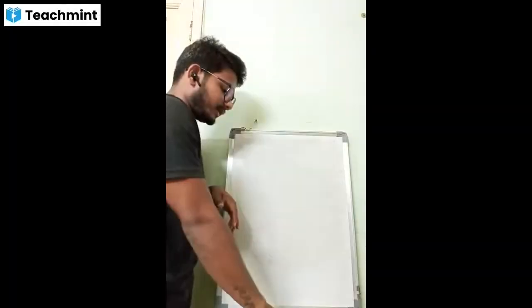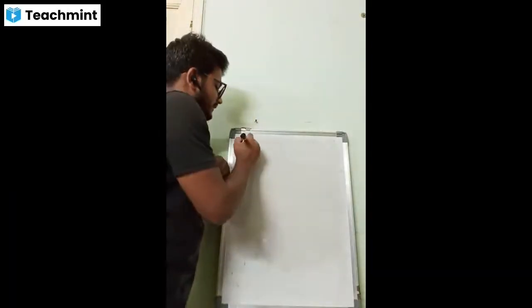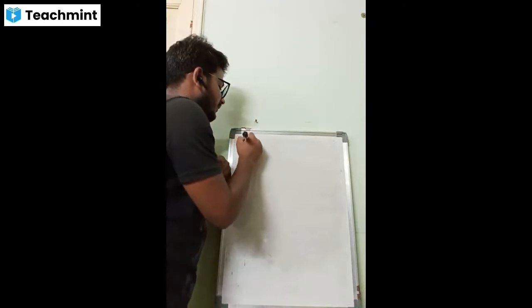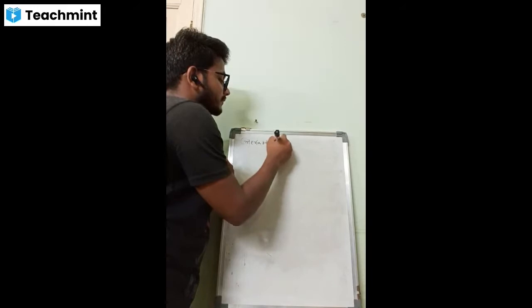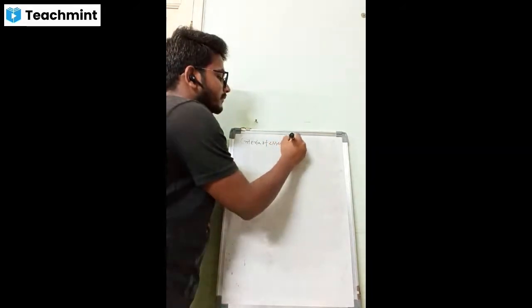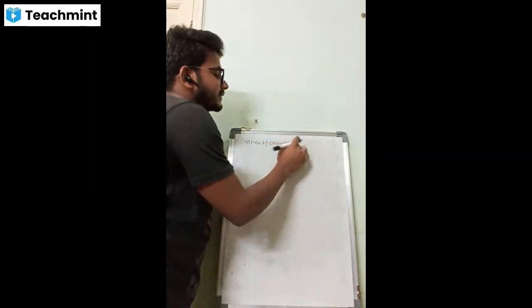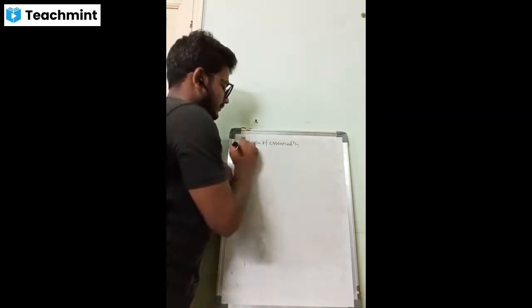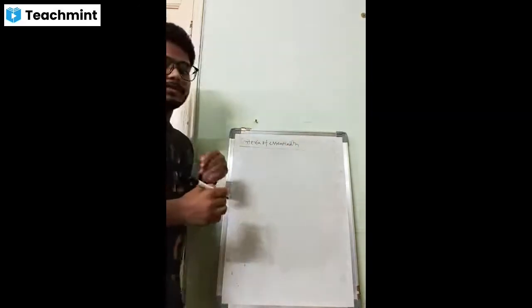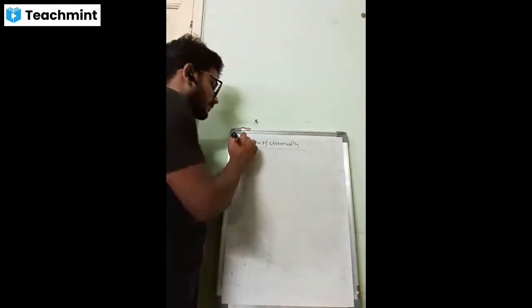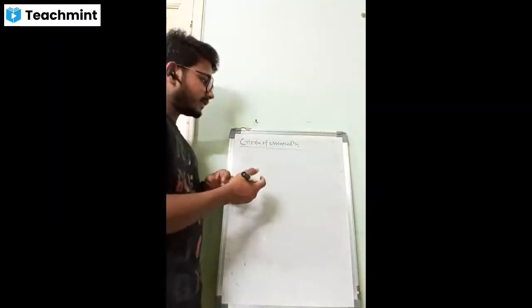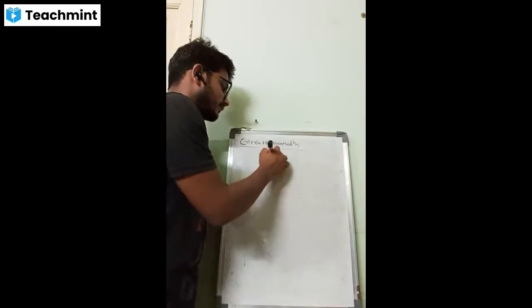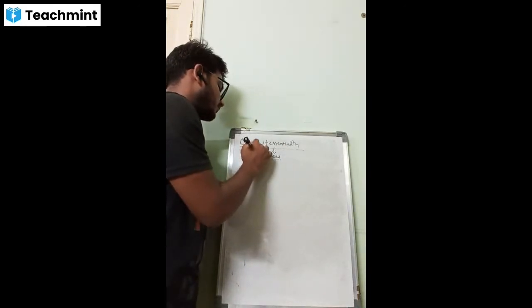Then what is the criteria of essentiality? Criteria of essentiality of nutrients. Essentiality means avasyakata, the need. Criteria means rule.